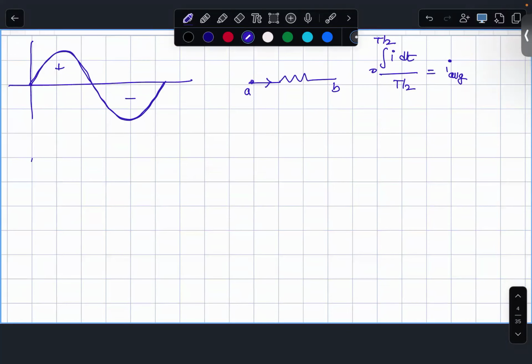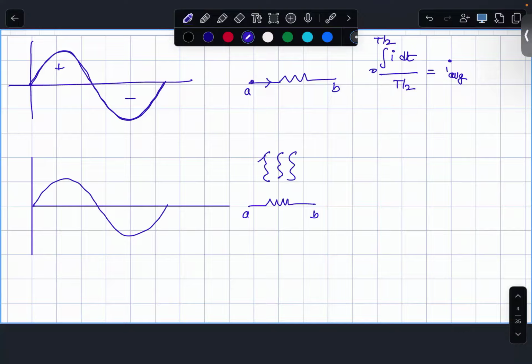Suppose you take another situation where the same arrangement is taken, and the same resistor is taken. But now I will measure the amount of heat generated across this. And I will measure this for n number of cycles, not one single cycle.